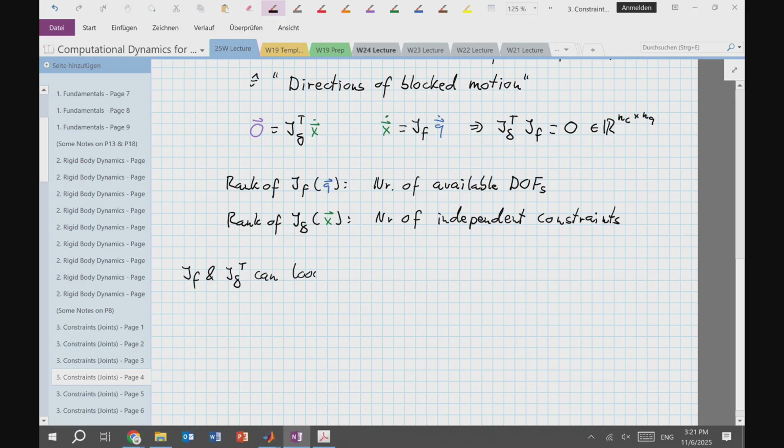So they can lose rank in certain configurations of Q or X. And then they would produce something that's called a kinematic singularity.